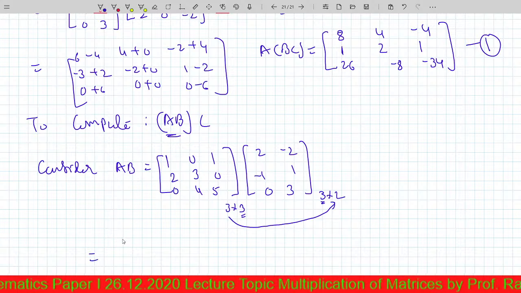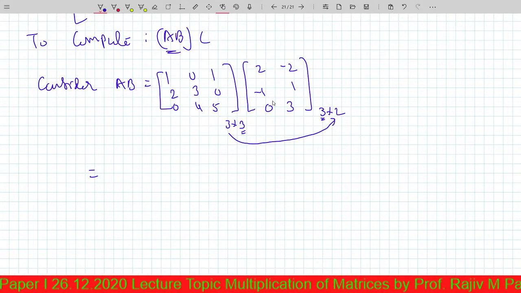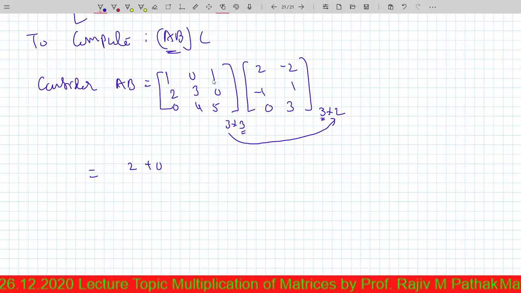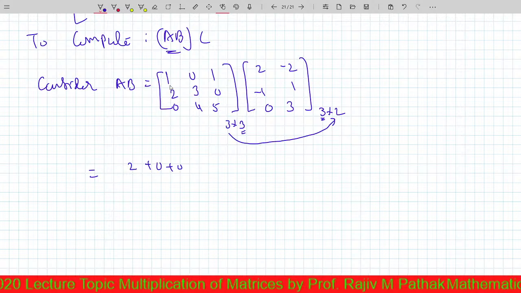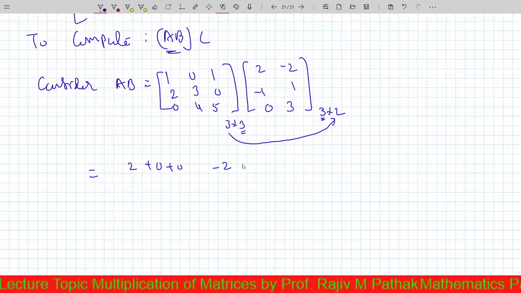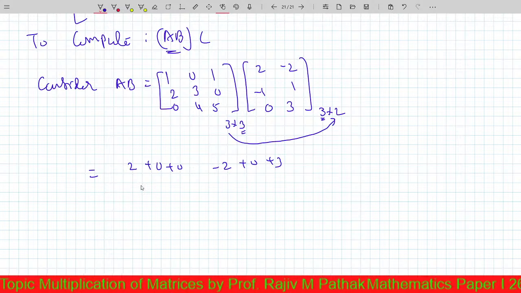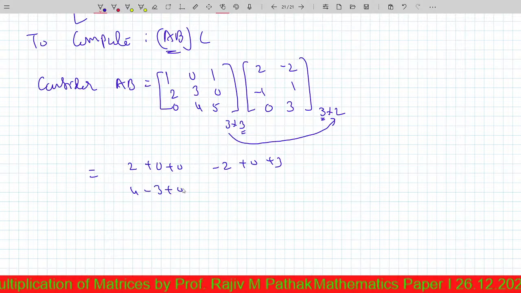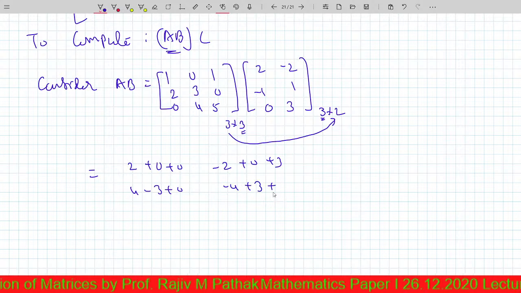So start multiplication. First row with first column. This is the first row and this is the first column. 1 into 2 is 2 plus 0. 1 into 0 is 0. Space, because we are going to change the column. So 1 into minus 2 is minus 2 plus 0 plus 3. Then come down, we are changing the rows. 2 into 2 is 4 minus 3 plus 0. Then minus 4 plus 3 plus 0.